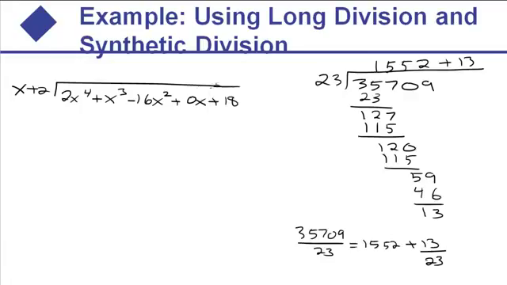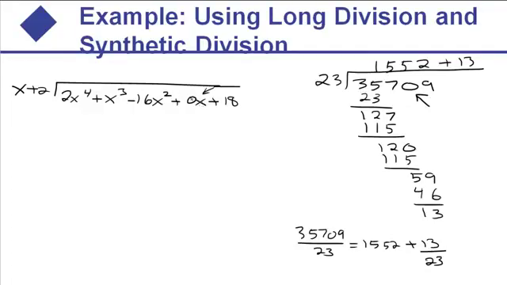This 0x is a placeholder, just like this 0 was a placeholder. That means we didn't have any tens. We had 9 singles, no tens, 7 hundreds, 5 thousands, and then 3 ten thousands. Well, this is a placeholder.